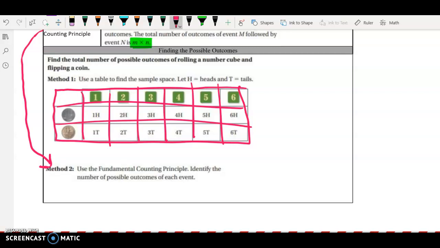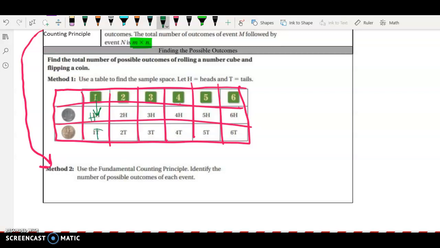You write each number from the number cube, and on the side, we have heads or tails from a coin. Think of this kind of like a Punnett square, which I believe you learned about in science. So if I roll a 1, I have the option of getting heads or tails.